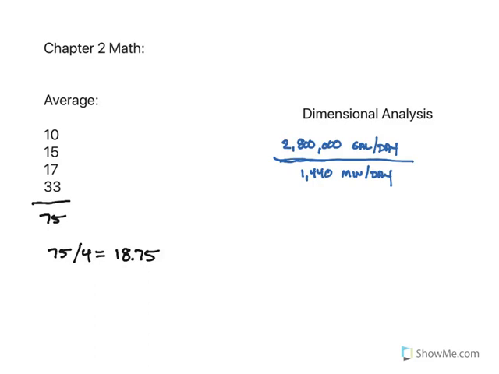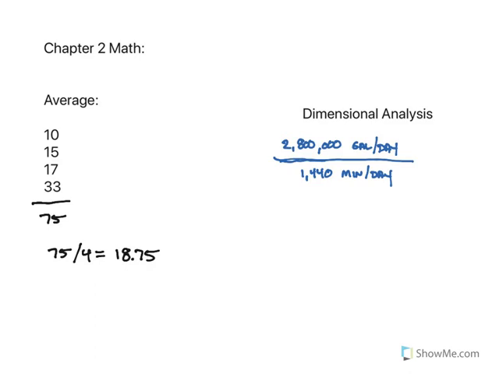The second one that I'm going to get into is these dimensional analysis problems. And they didn't ask you to solve any of these. They just wanted you to determine whether or not this was a way to solve or to set the problem up to solve for what you were trying to determine.